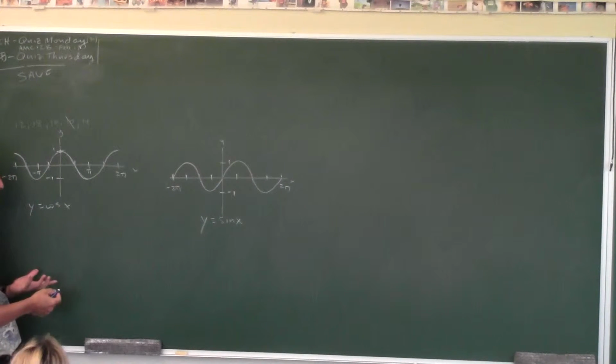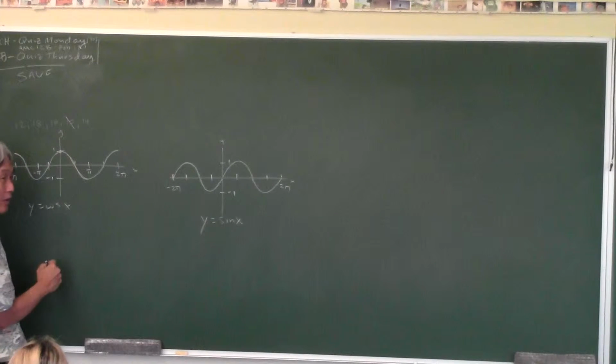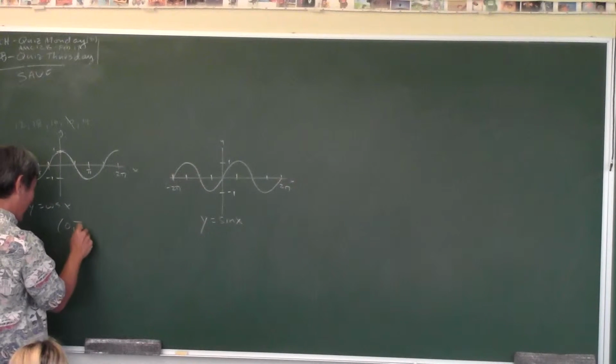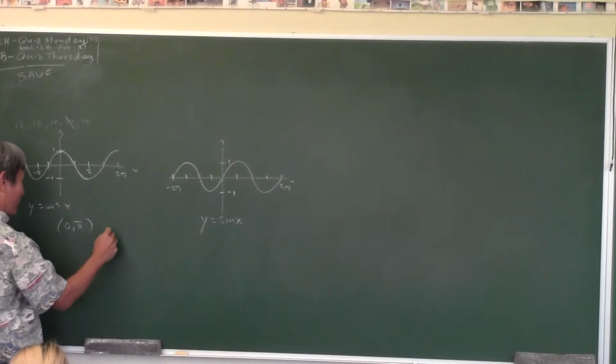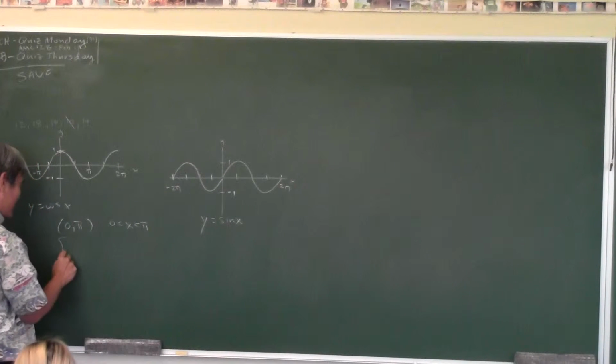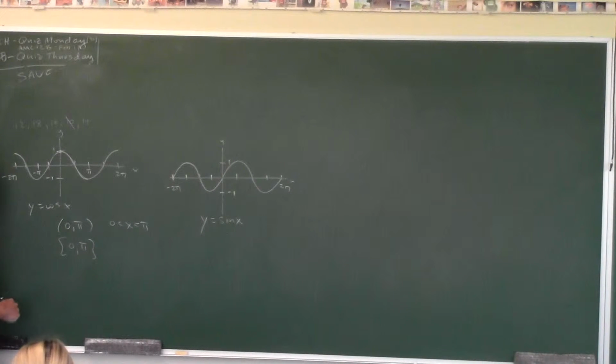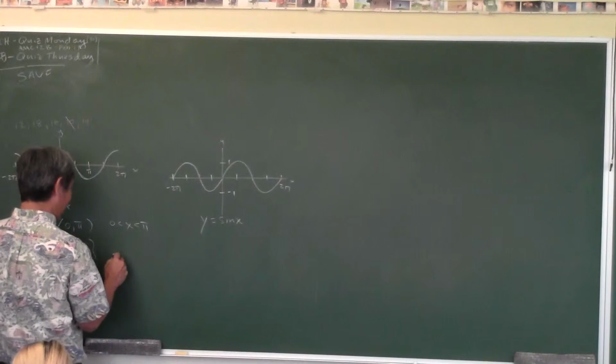Well, I will accept a lot of things. Let me give you the correct answer: 0 to pi. Or you can write x is between 0 and pi. However, some books also include the endpoints, but actually that's not quite correct. But if you wrote it, I'll accept it.